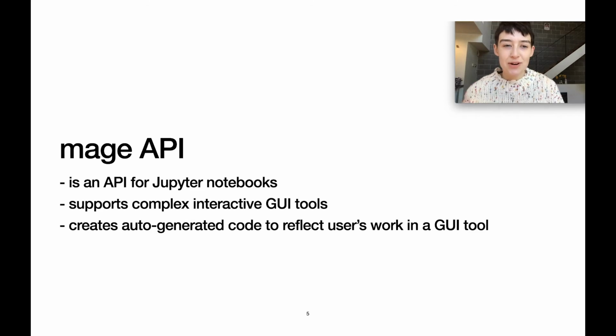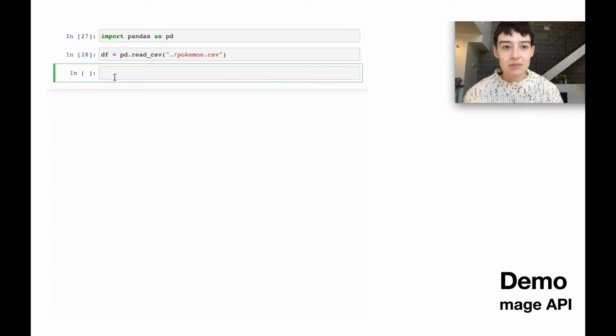So our work is the Mage API, in which we've extended how notebooks work in general to support this class of interaction, where we can support a wide variety of complex interactive GUI tools that produce real work in the notebook. So they auto-generate code as well as changes in a GUI interface. Let's see what this means.